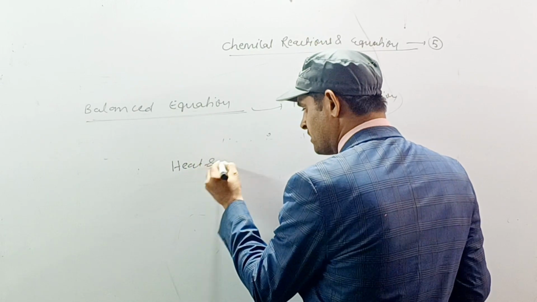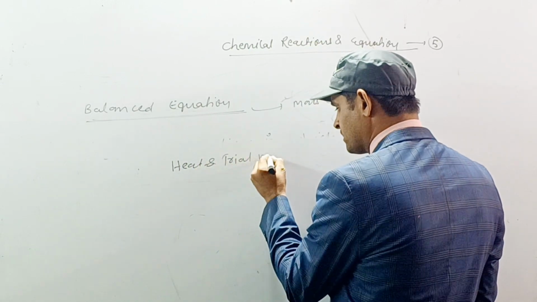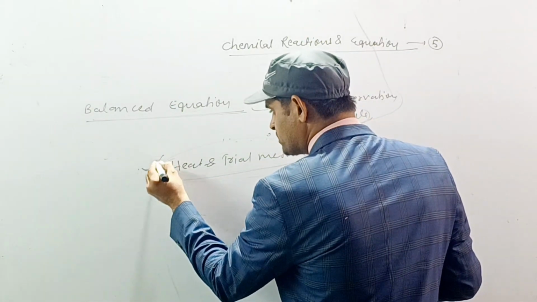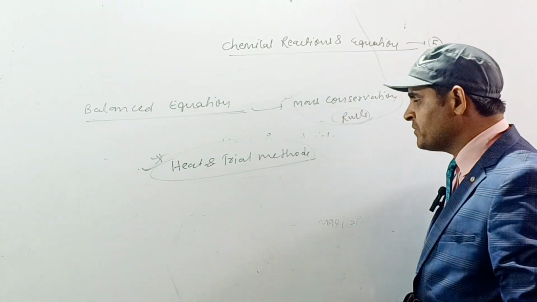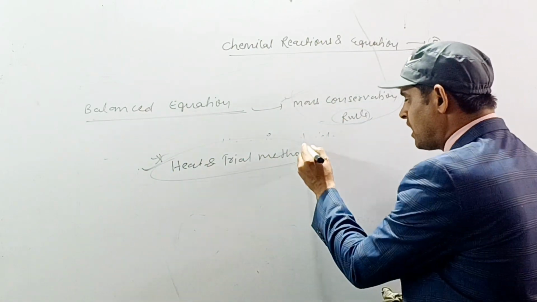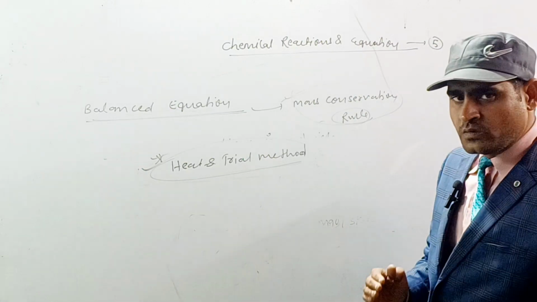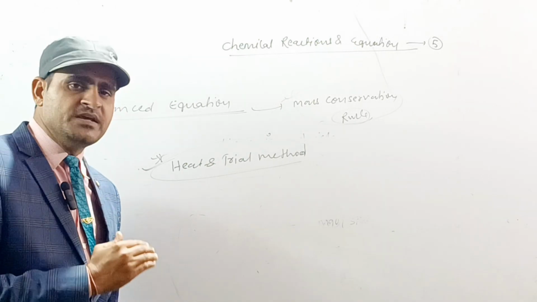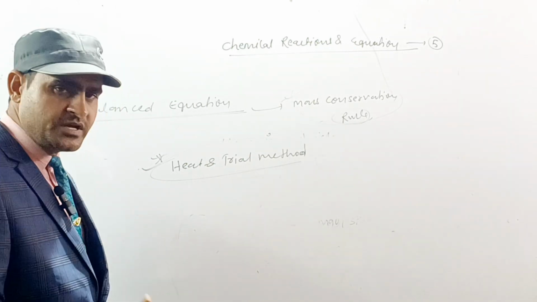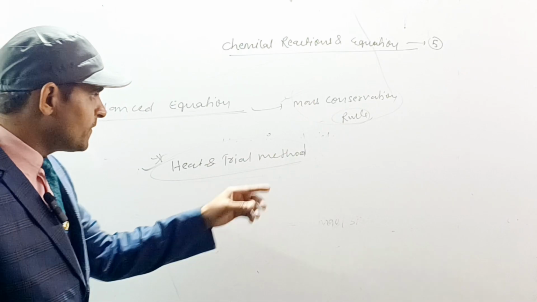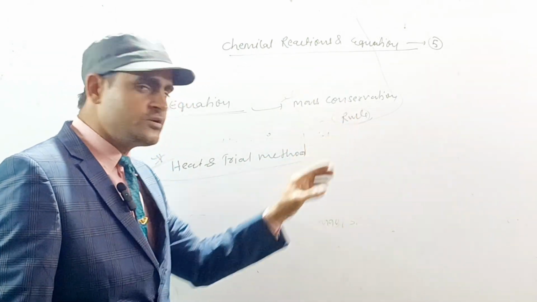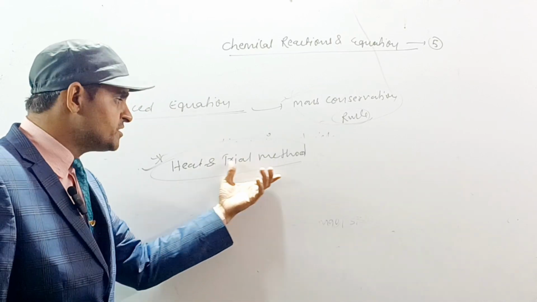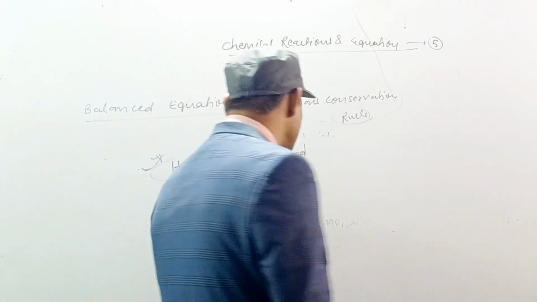The hit and trial method is used to convert the imbalanced reaction into the balanced reaction, obeying the mass conservation rule. What is the hit and trial method?